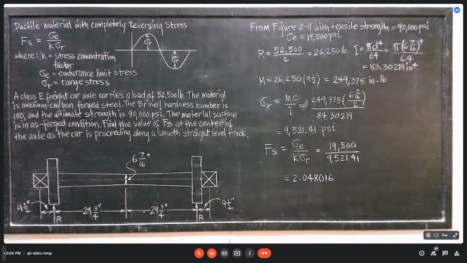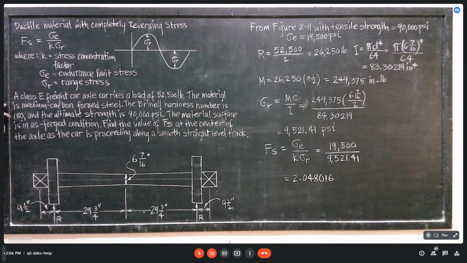Okay, example. We have a class E freight car axle, and it carries a load of 52,500. The material is a medium carbon forged steel.